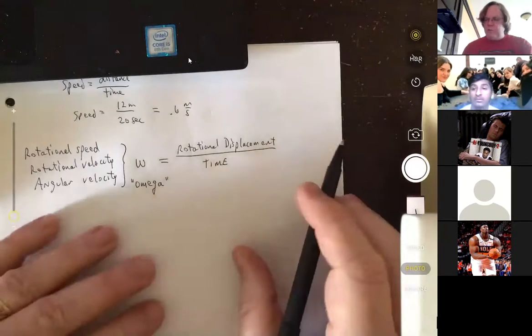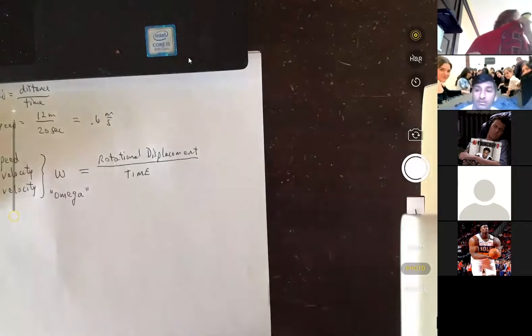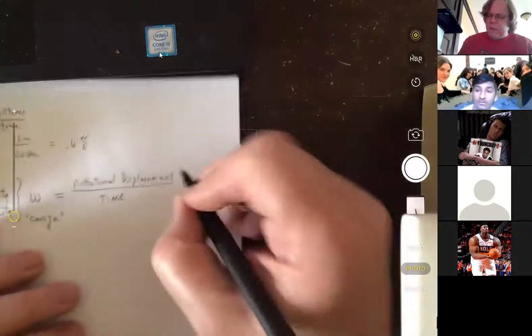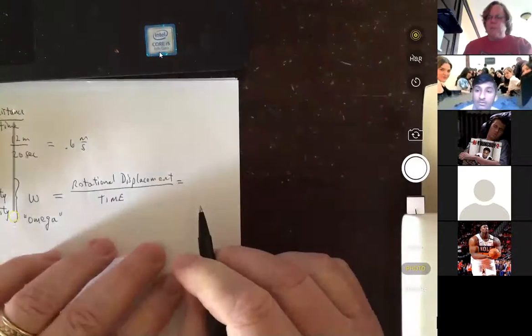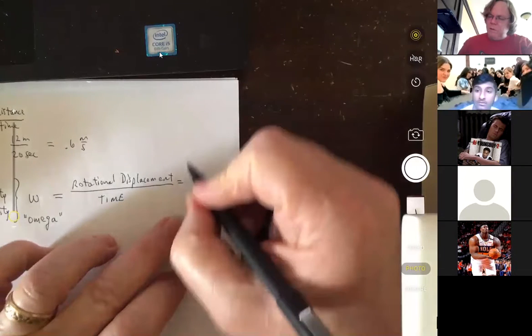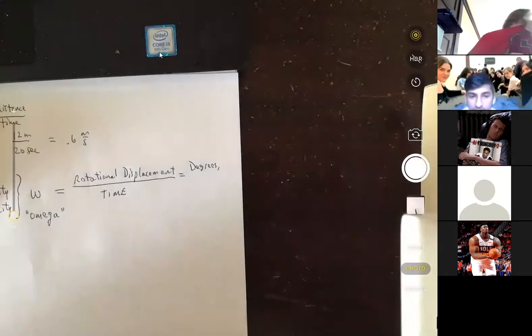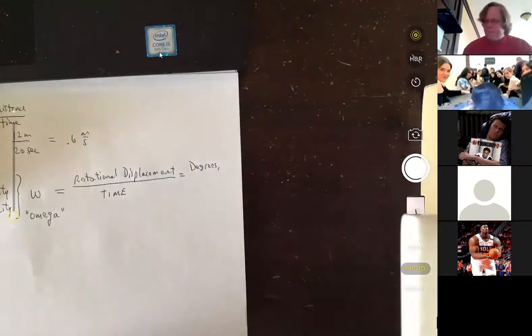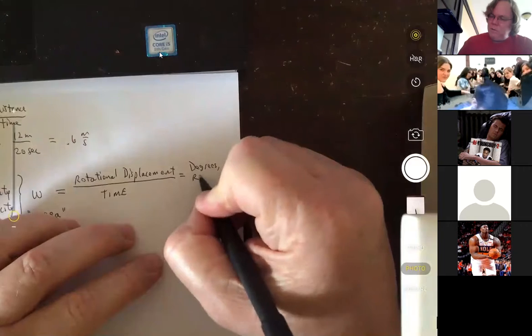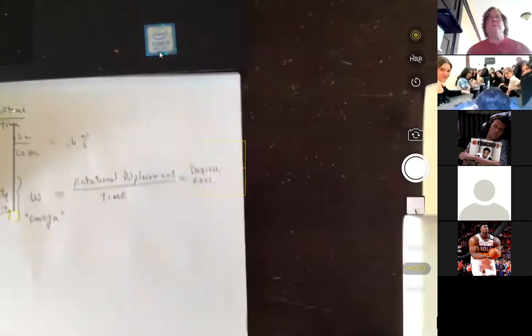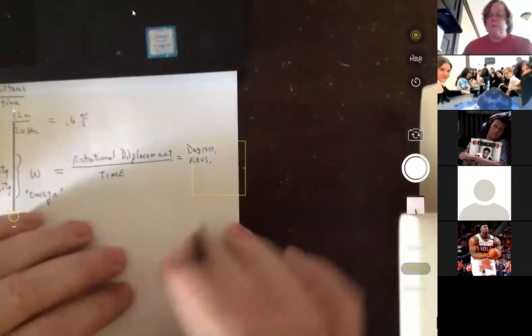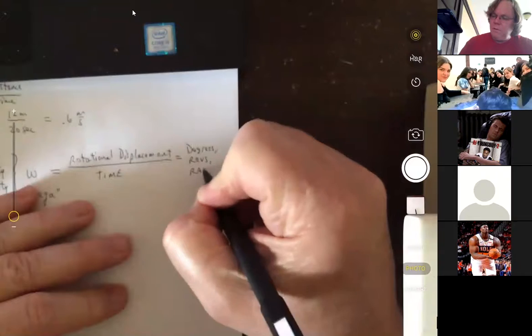So rotational displacement, looking back at the screen share, has several different measures. It can be degrees. I'm so sorry. It can be revolutions. It can also be radians.